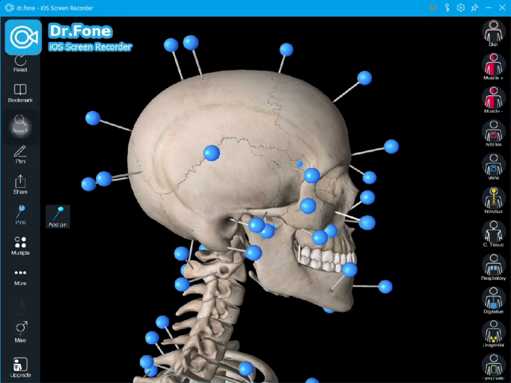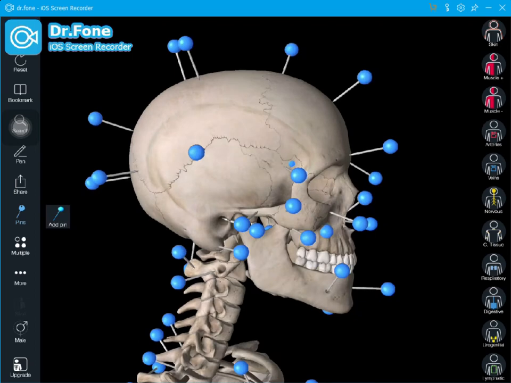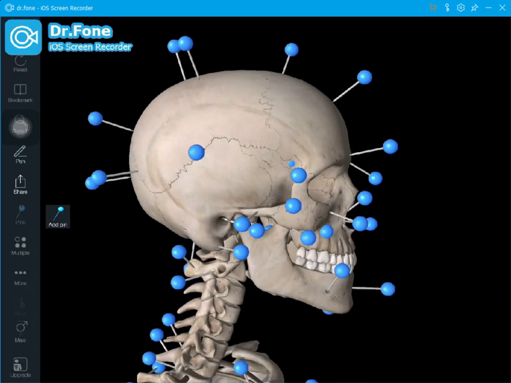Is the external acoustic meatus right down there? Let me just draw it right down there. That's where your ear would go through.